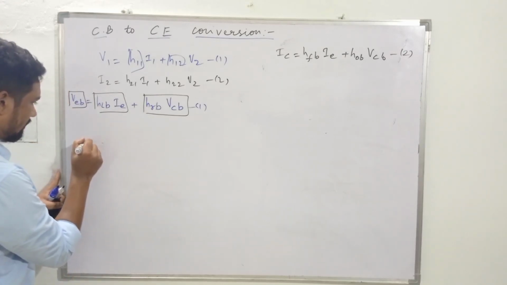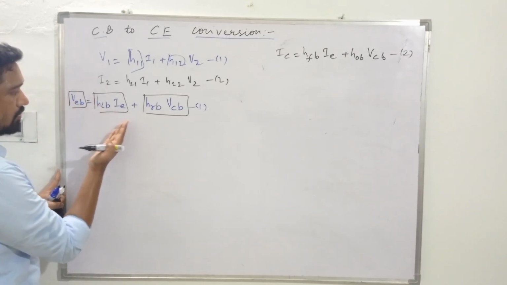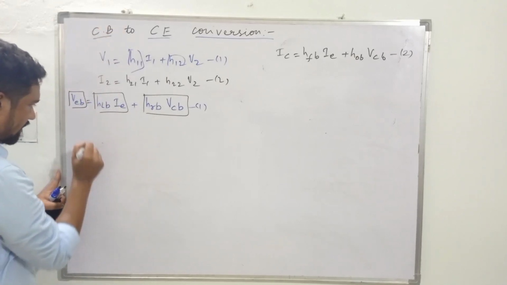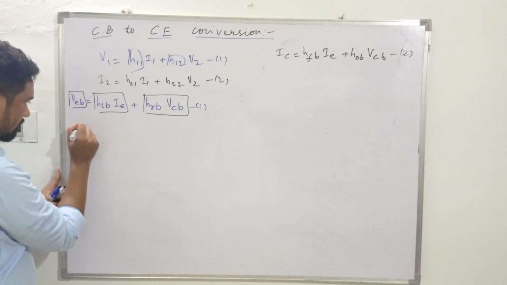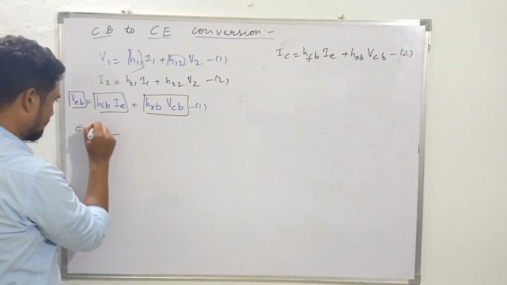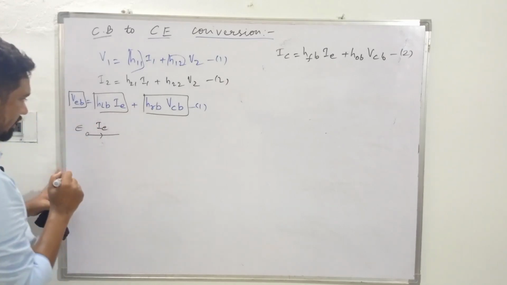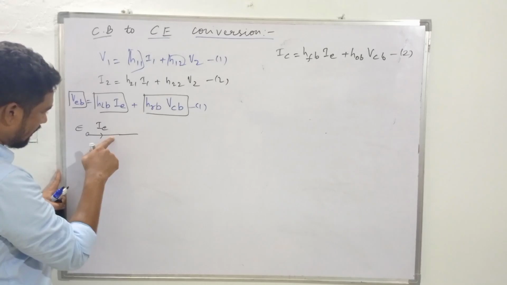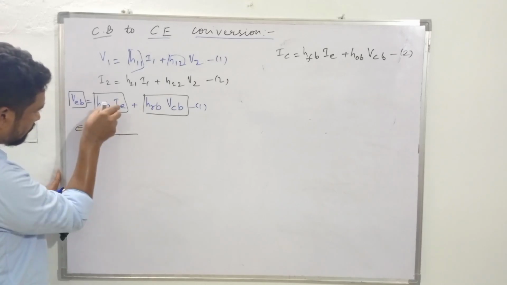So especially in common base, when we draw for the common base, input is given to the emitter, and what current do we have here? It's IE, and IE is flowing. What should we have over here to produce this drop?